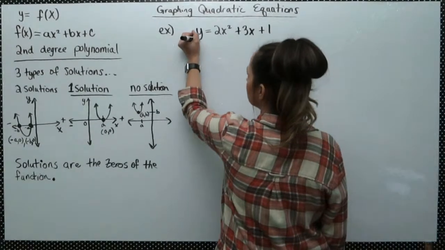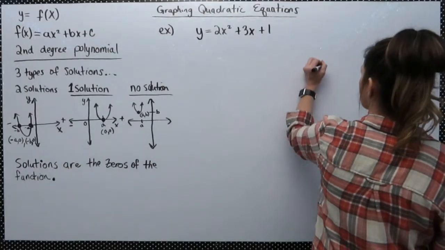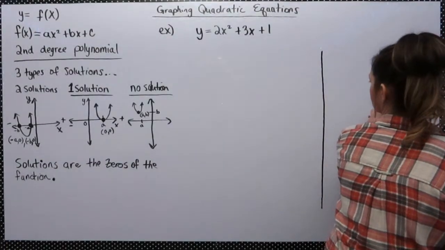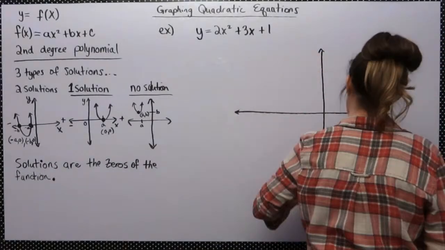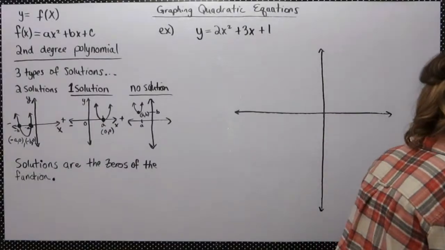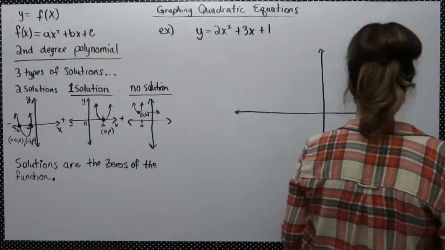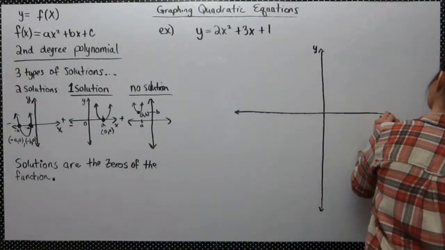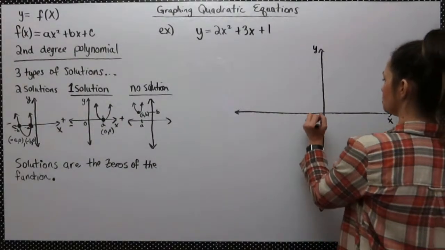So I'm going to go ahead and draw my graph, my Cartesian coordinate system. And I want to find those critical values to sketch the graph of this function. The very first thing I want to know is where it's crossing the y-axis and the x-axis. I want to know those two critical values first.